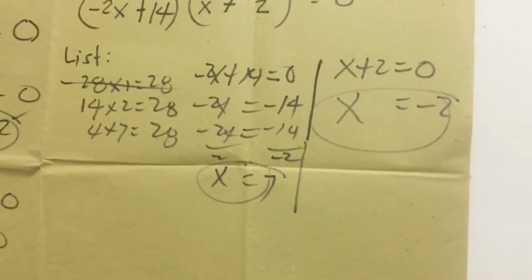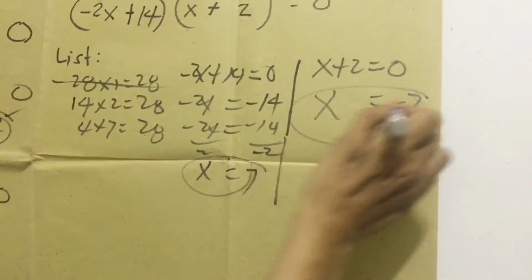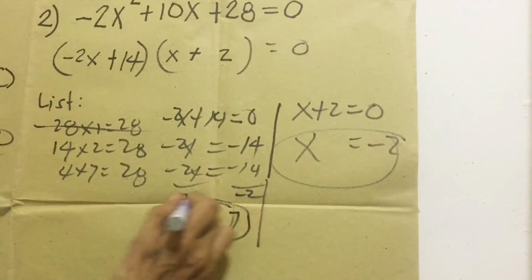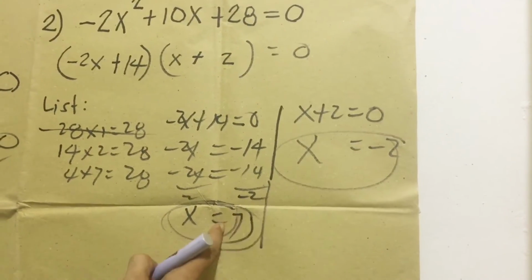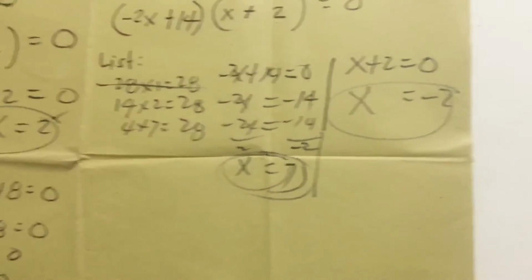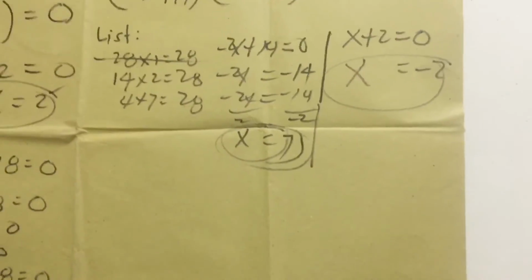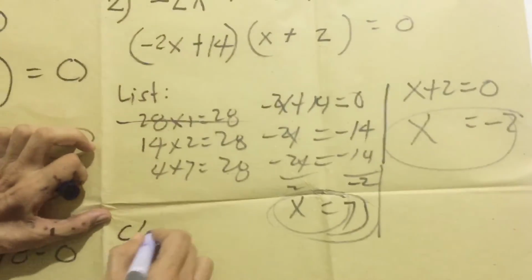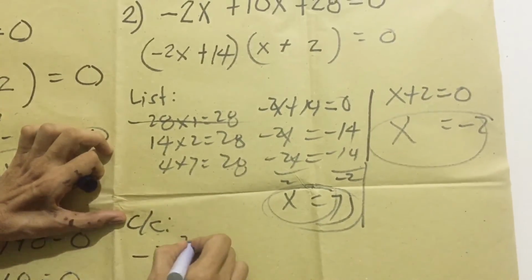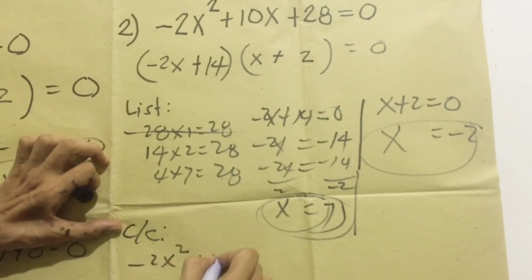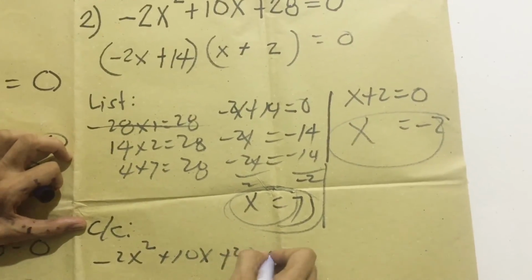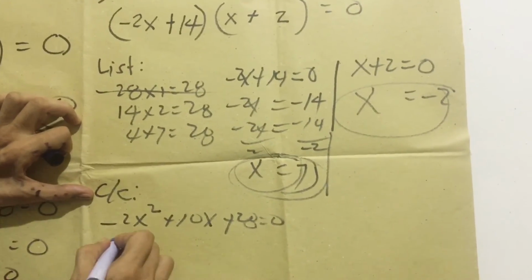Okay, let us check if these two are solutions of the quadratic equation, because there are times when one of these is extraneous, meaning not a solution. That's why it is very important to check the answer. Negative 2x squared plus 10x plus 28 equals 0.